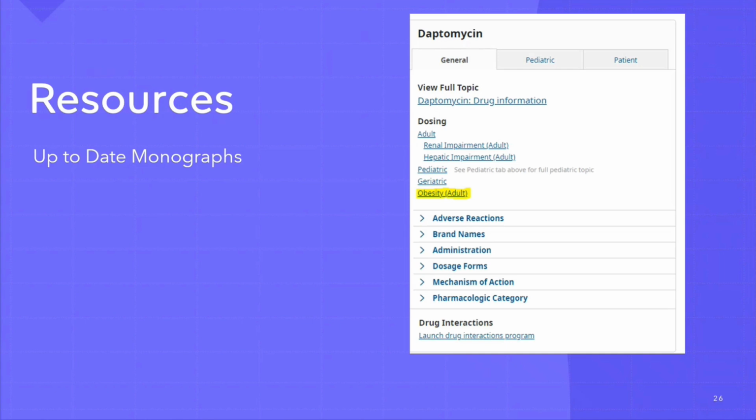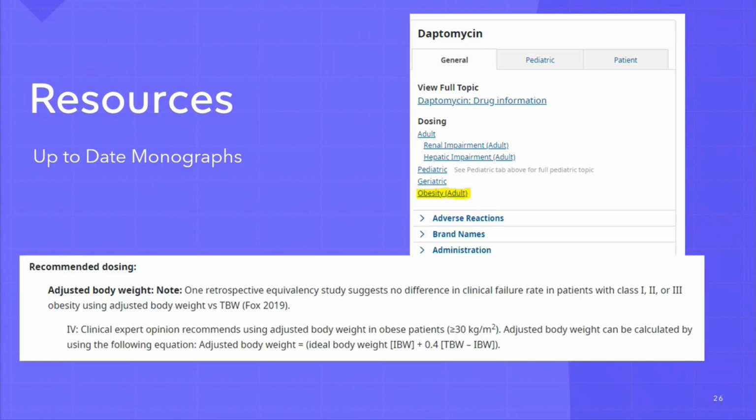If you were to click this for Dapto, it would take you right to the section for dosing recommendations. And I do find that these are really well referenced, and it's very easy to link to those references specifically if you want to know where that comes from.